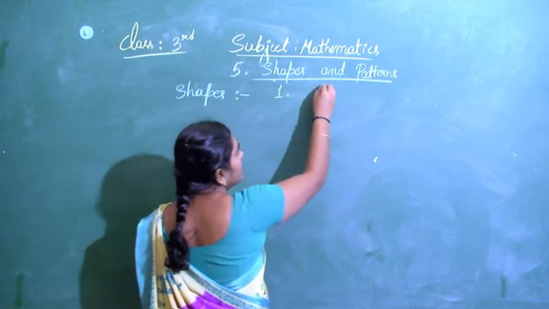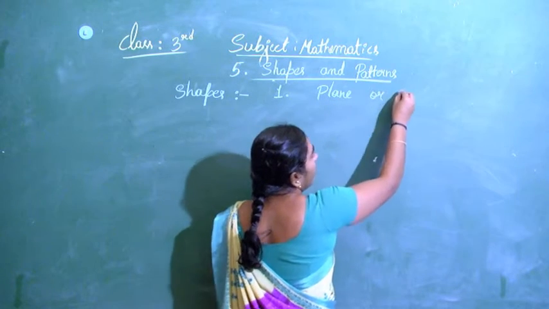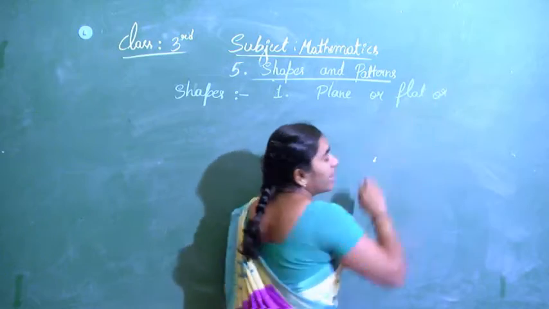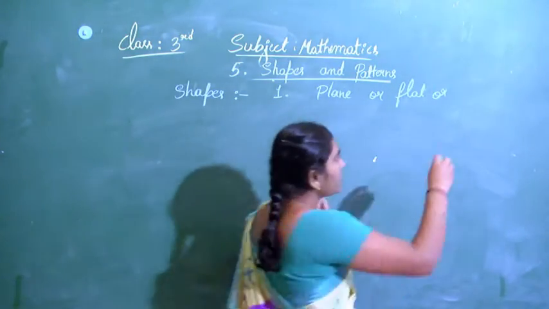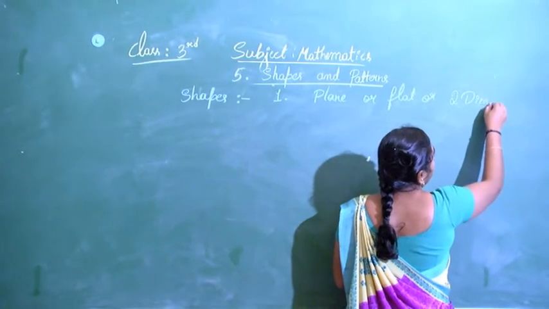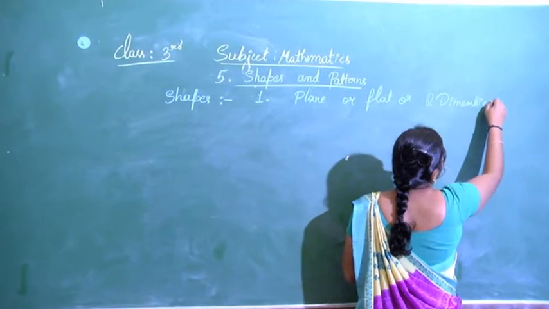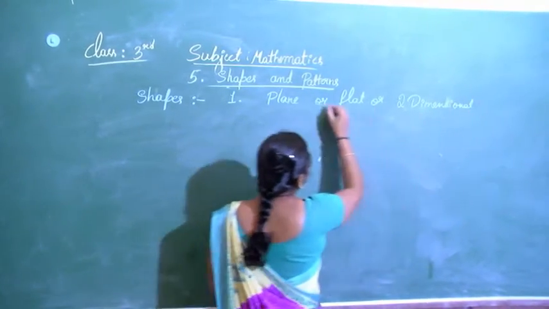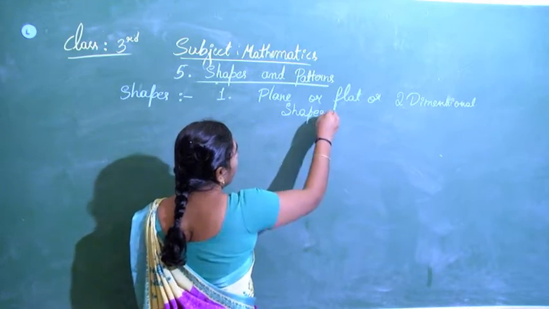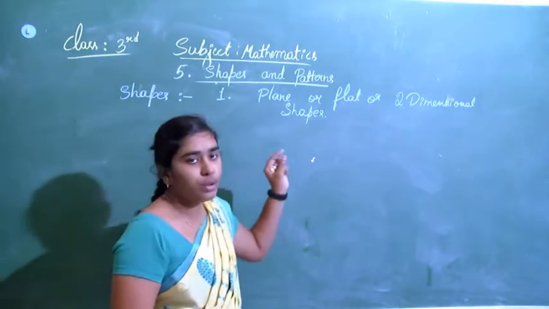One type is the plane shapes or flat shapes, also called as, what is another name? We also call it a two-dimensional shape. First one is the plane shape, or also called flat or two-dimensional.